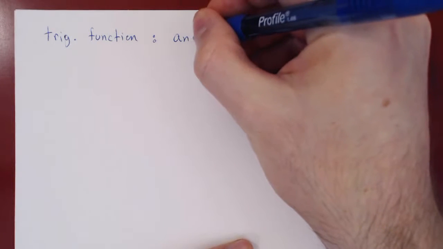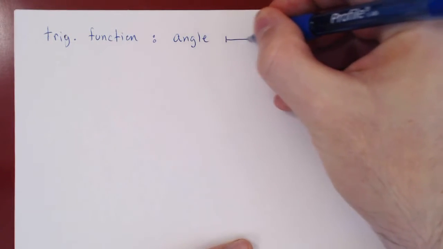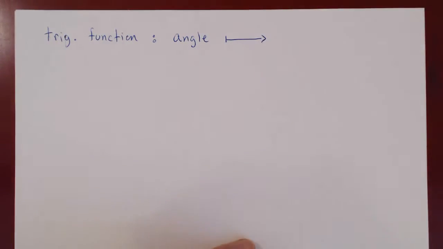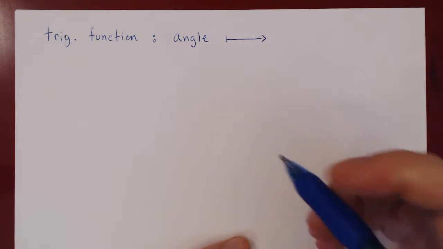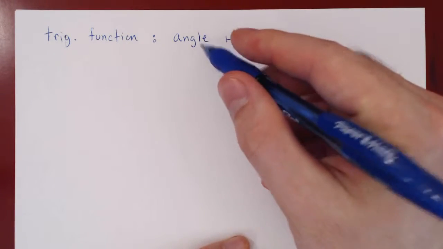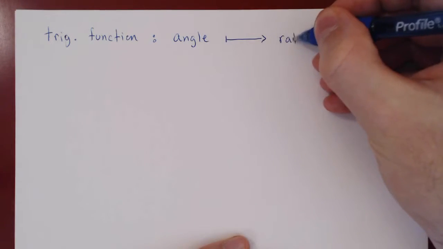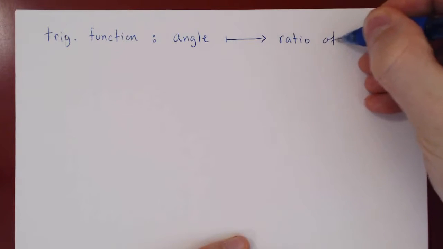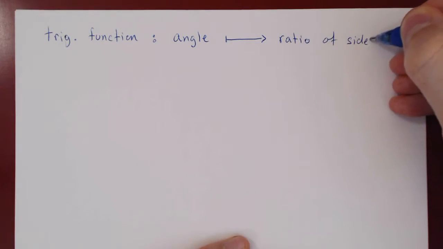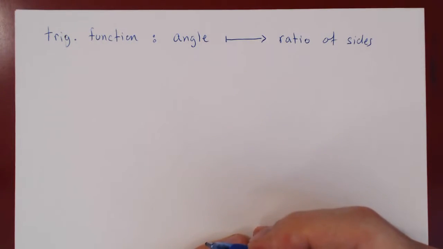And what does it give you? Well, sine of x would be the opposite over the hypotenuse. Cosine of x would be the adjacent over the hypotenuse. Tangent of x would be the opposite over the adjacent. So a trigonometric function takes an angle and returns a ratio of sides, the sides being of a right triangle.